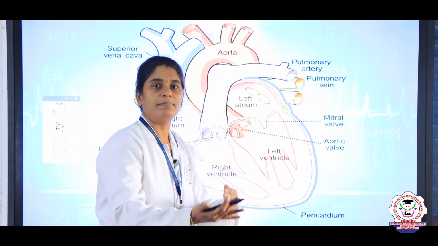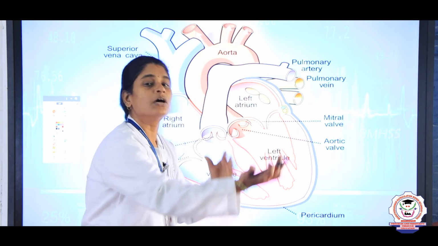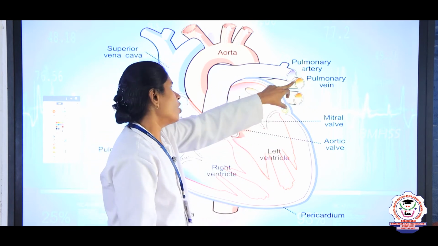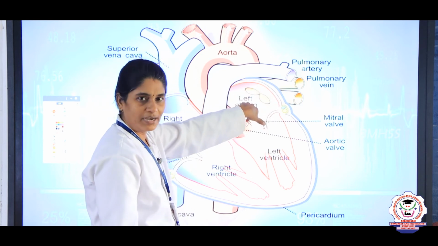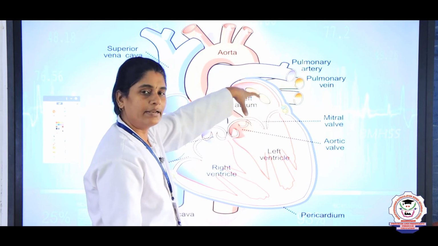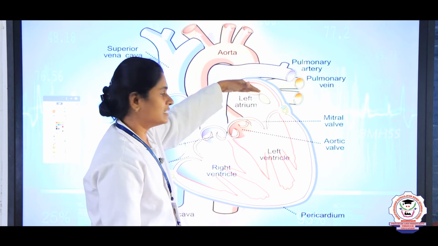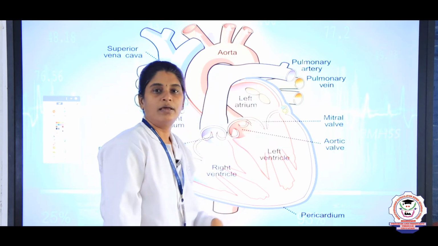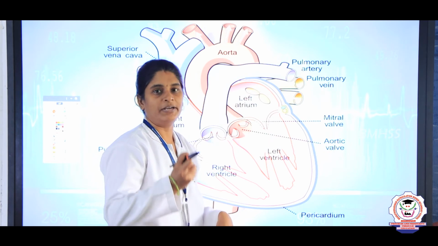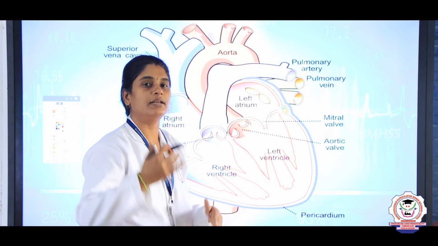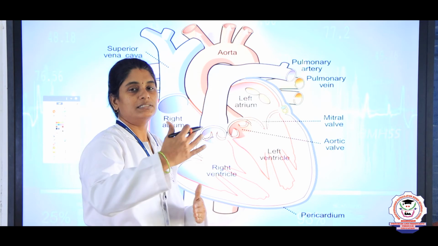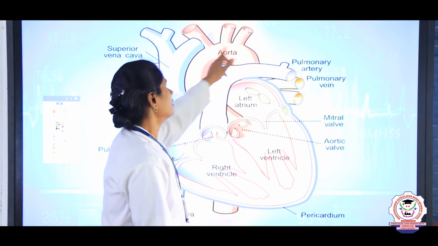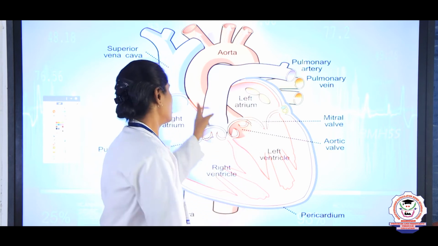This oxygenated blood is collected from the lungs to the heart through the pulmonary vein and sent into the left atrium. When the left atrium contracts, the oxygenated blood is sent through the valves into the left ventricle, and when the left ventricle contracts, it passes the oxygenated blood through the blood vessel known as the aorta.